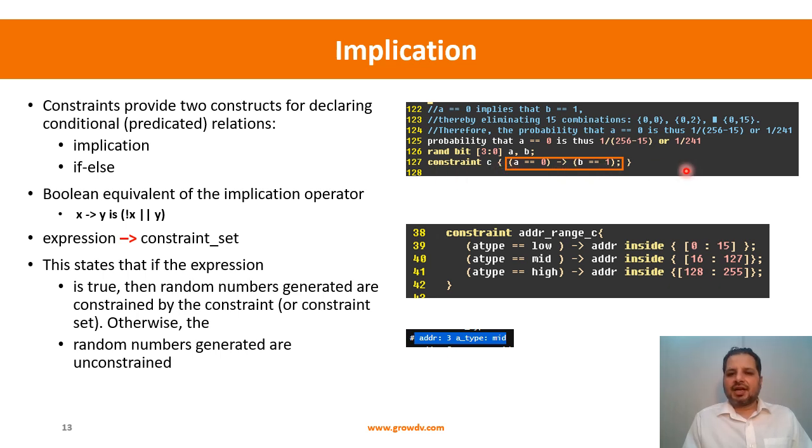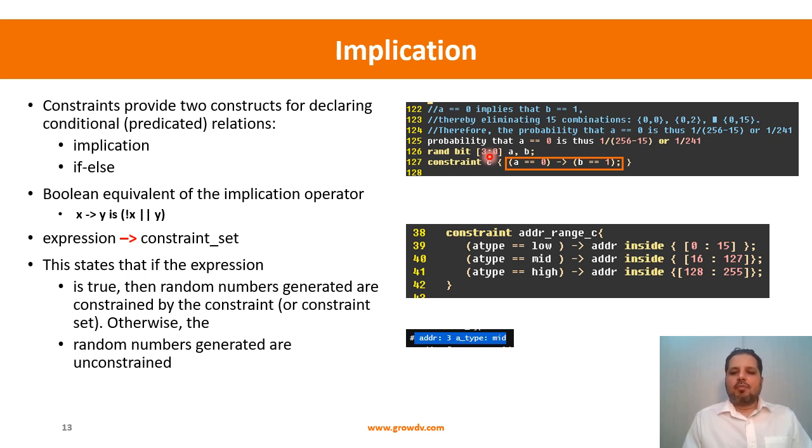Let's say I have not defined this constraint, and I have only line 126 in the class, and I randomize that class. The total number of values that are possible are 2 raised to 8, because the combinations of a and b that are possible are 2 raised to 8, because each one of them is 4 bits. So with 8 bits, 2 raised to 8 is 256.